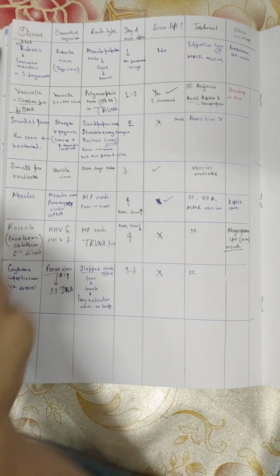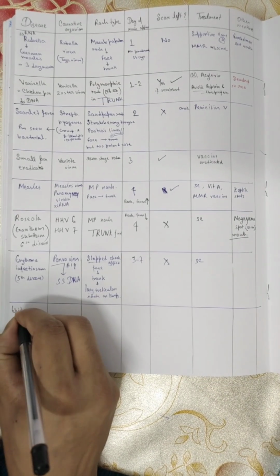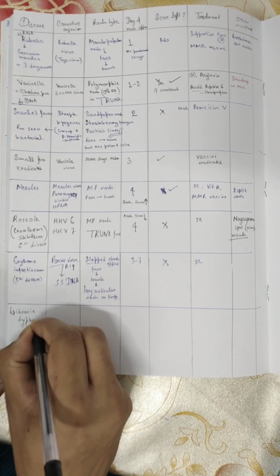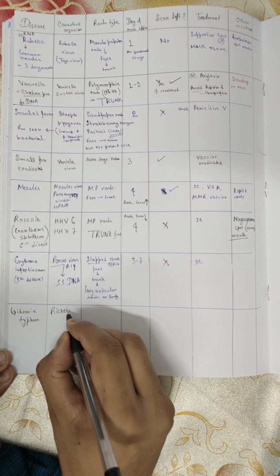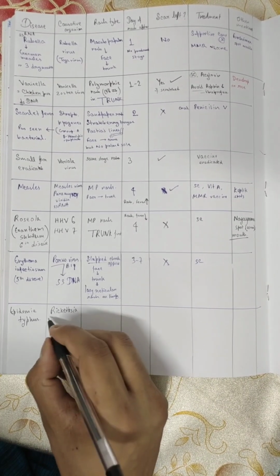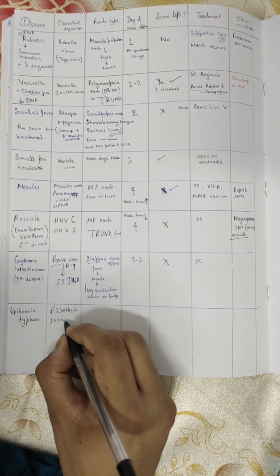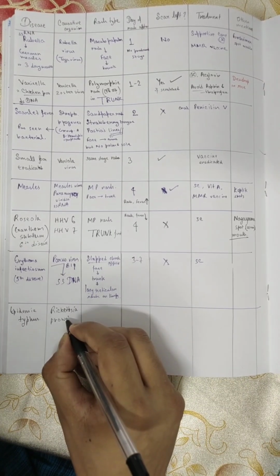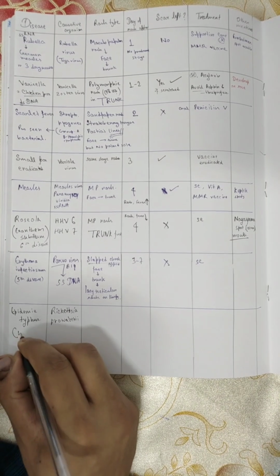The next one, Epidemic Typhus. It is by Rickettsia. It is a bacterial one.